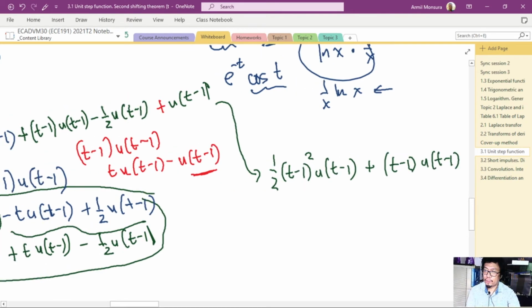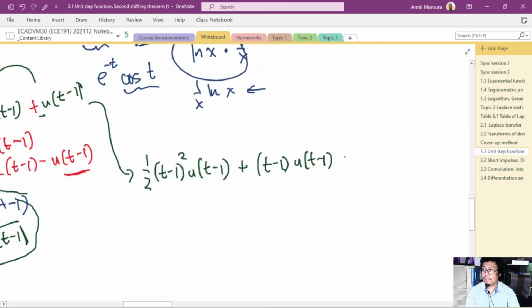And if you can notice, the last two terms are simply constants multiplied to the step function, having the same amount of delay. So they can be reduced into a single term, which is simply adding negative 1 half with positive 1. So that's positive 1 half.